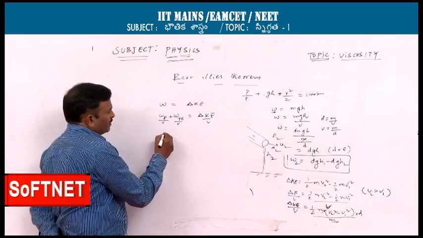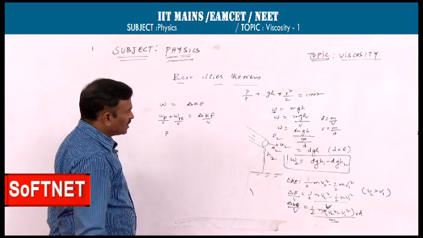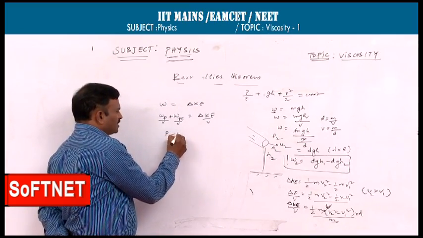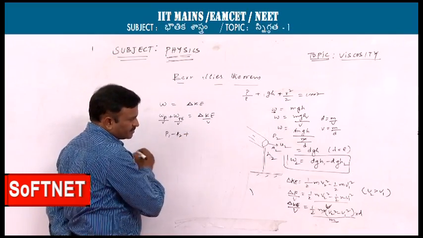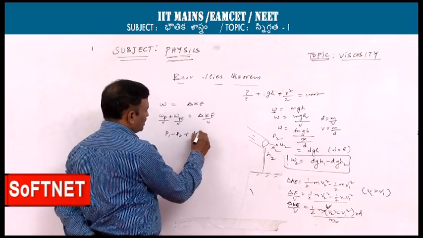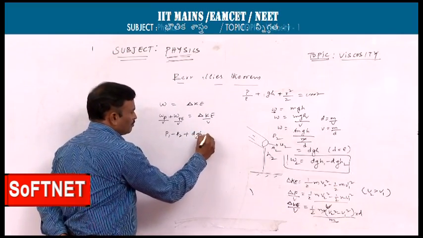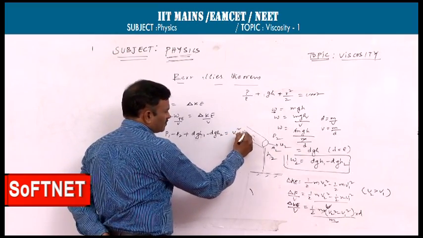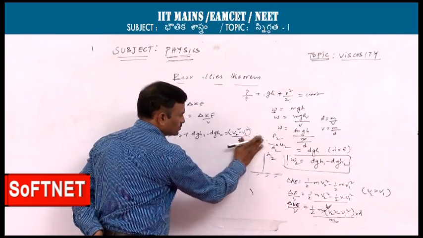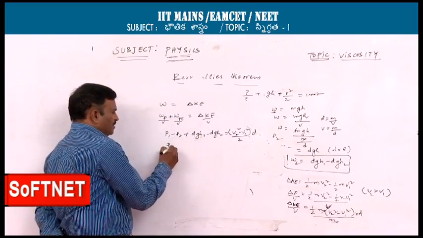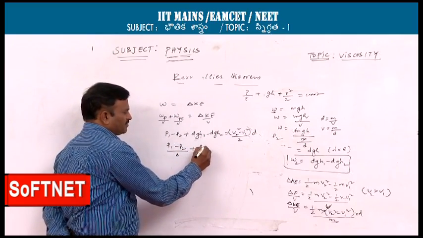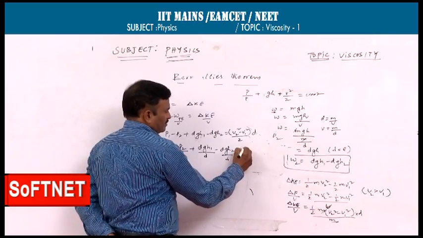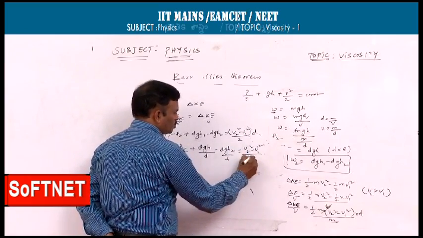Here what we got? The work done by the pressure per unit volume is P1 minus P2, plus d g h1 minus d g h2, equal to (v2 square minus v1 square) by 2 into d. Dividing either side with the density: P1 minus P2 by d plus g h1 by d minus g h2 by d equals (v2 square minus v1 square) by 2 by d.